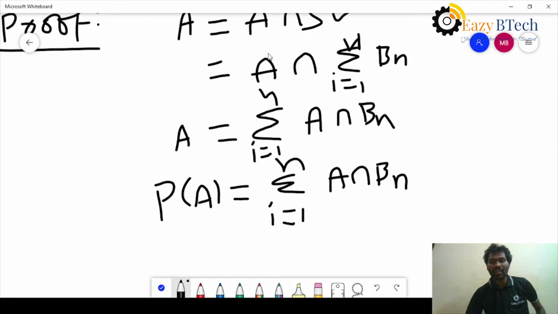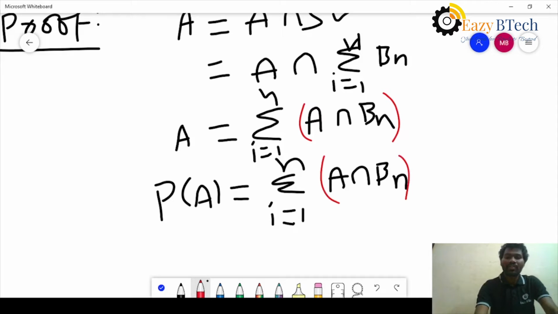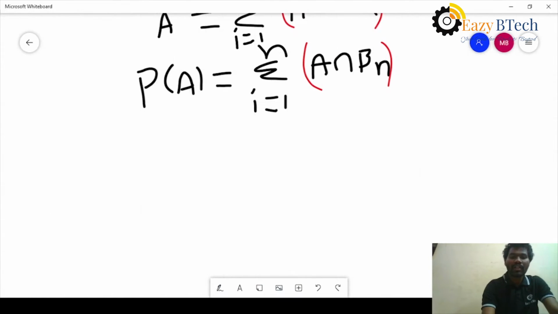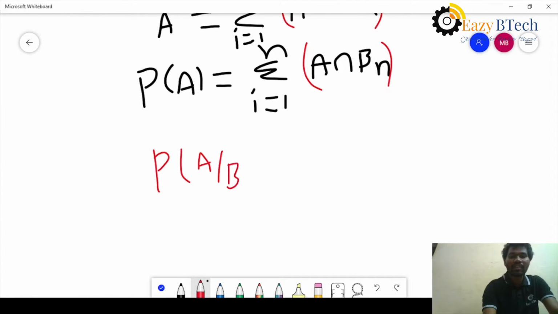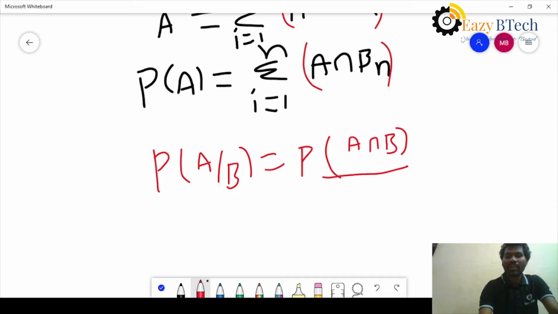We know the conditional probability: A given B is equal to P of A intersection B divided by P of B.